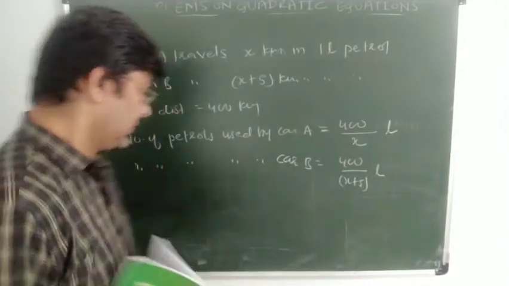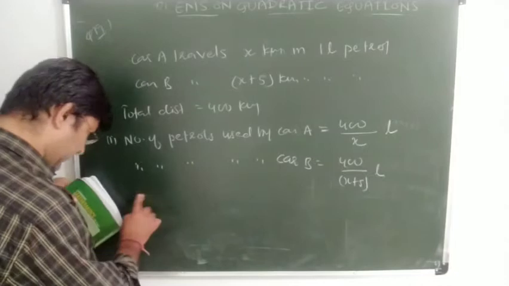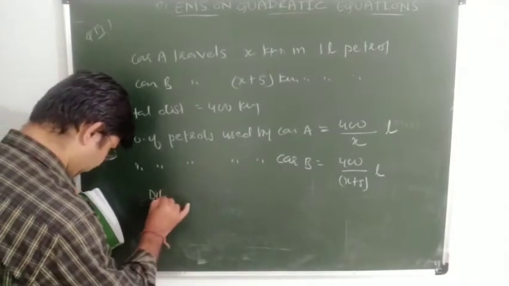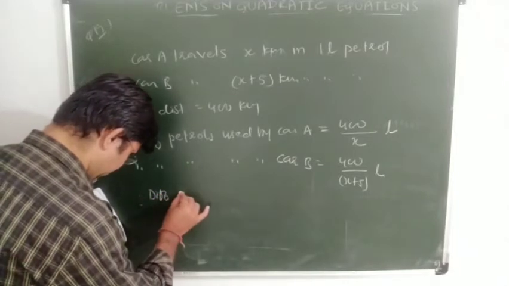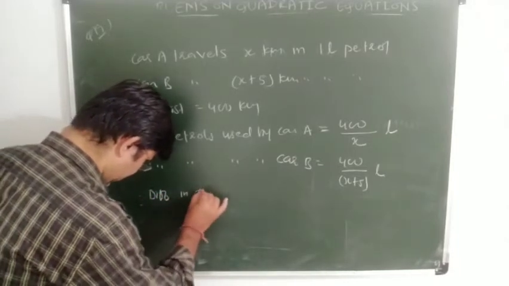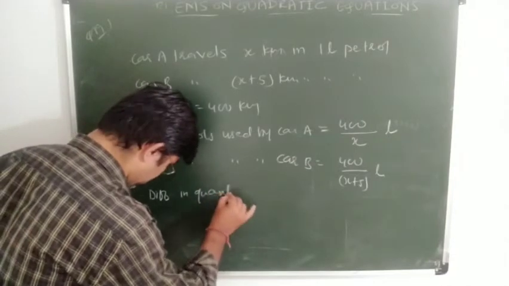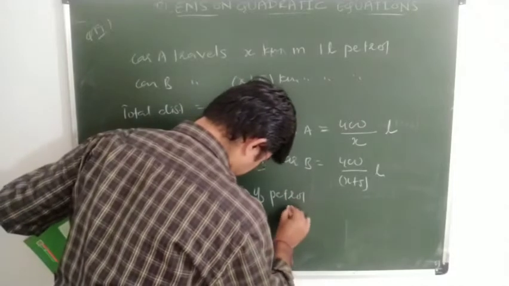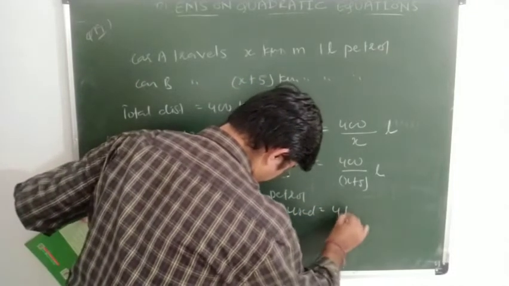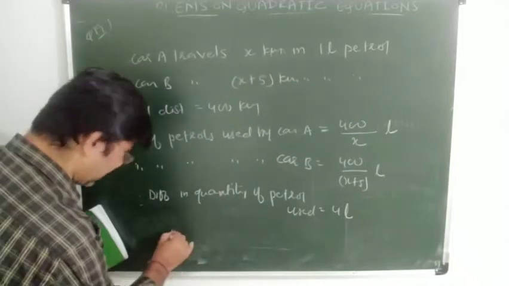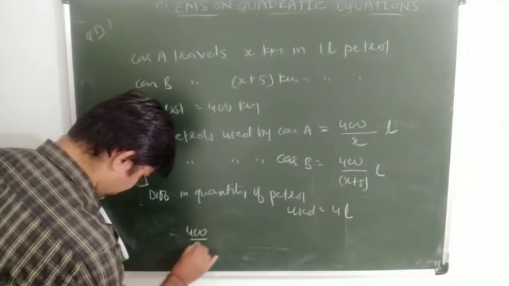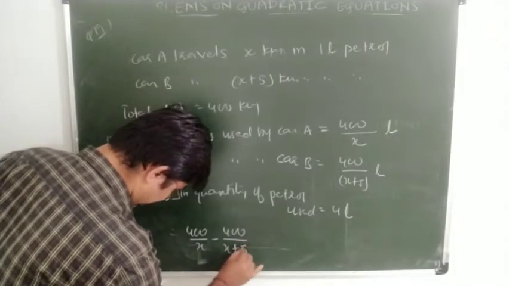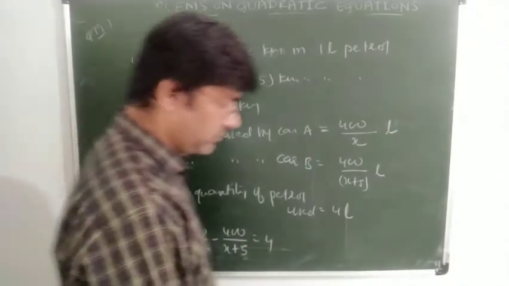So difference is given, 4 liters. The difference in the quantity of petrol used is 4 liters, and therefore the expression will be 400 upon x minus 400 upon x plus 5 is equal to 4.